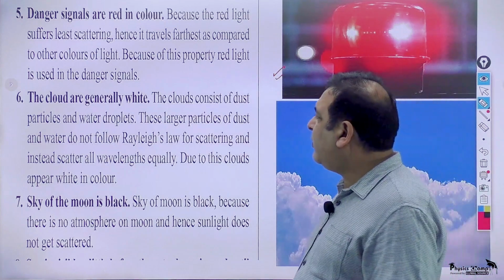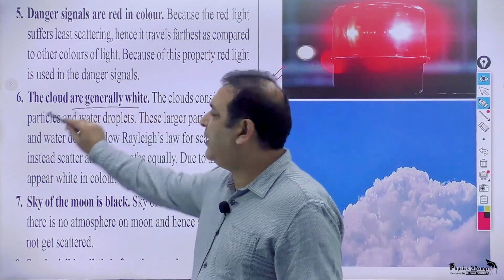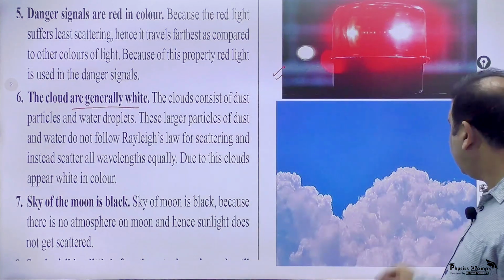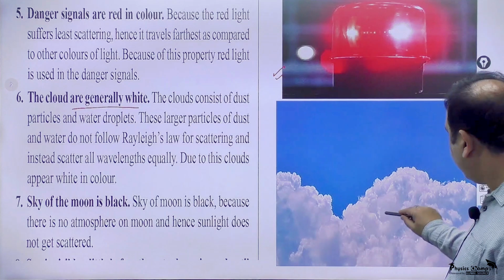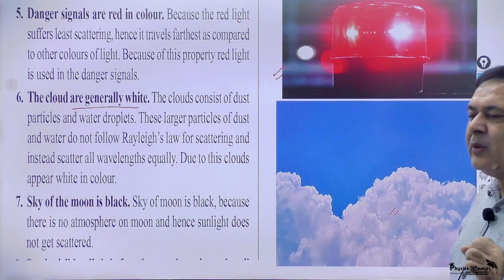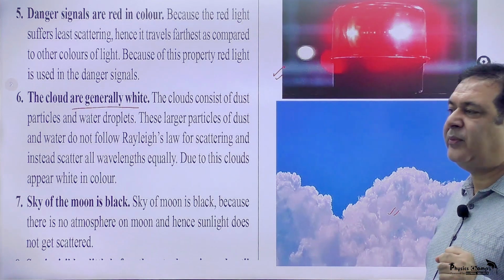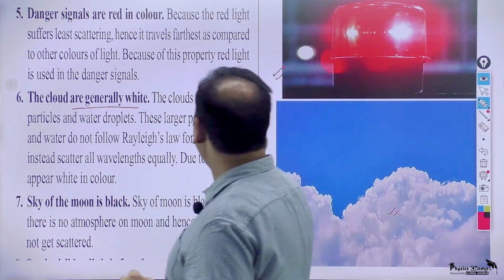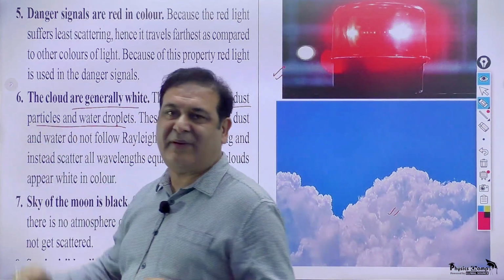Similarly, why are the clouds generally white, where the sky is blue but the clouds are white? So the answer is that the clouds are made up of water particles and dust particles. The cloud consists of dust and water droplets.